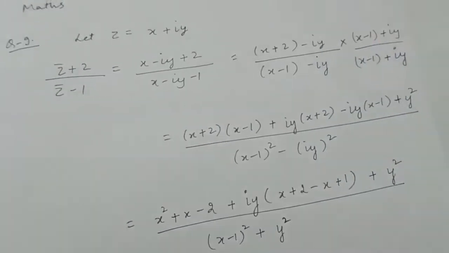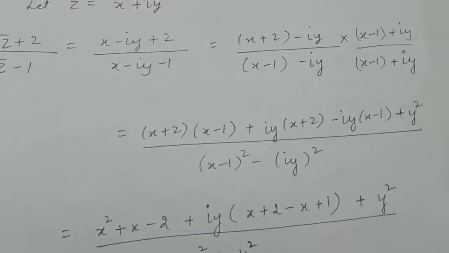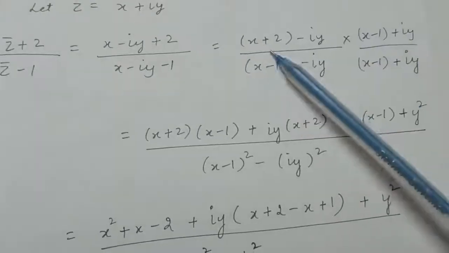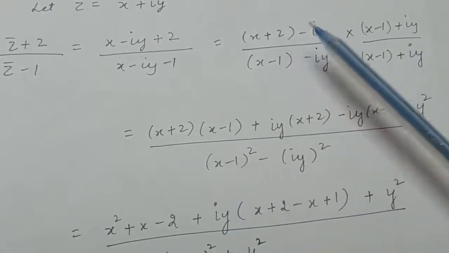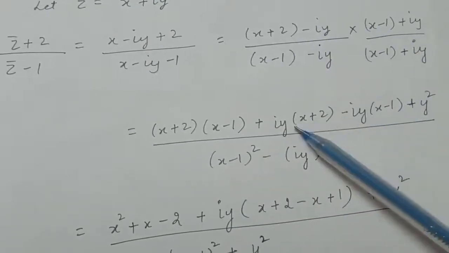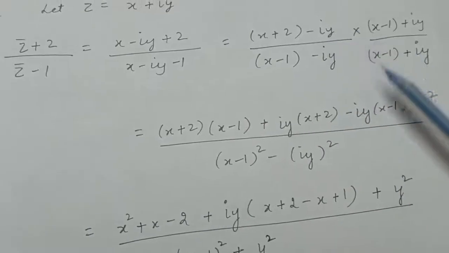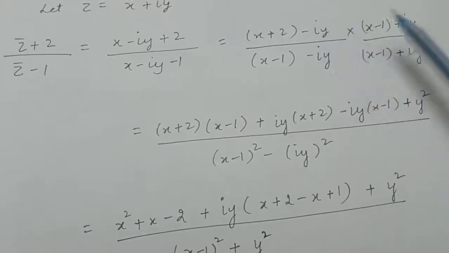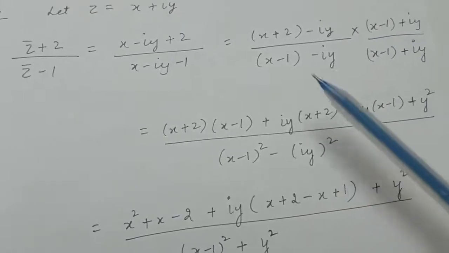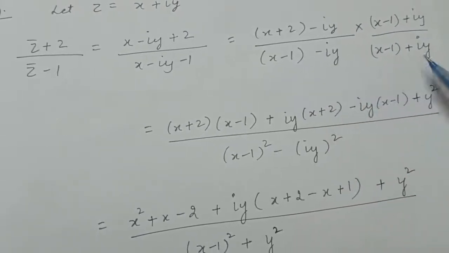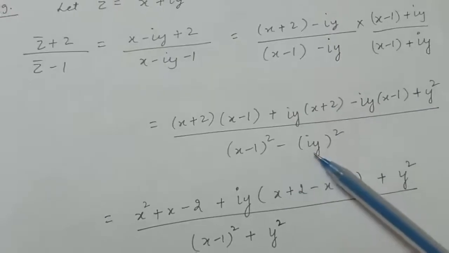Now multiply this. You will get x plus 2 into x minus 1, plus x plus 2 into iota y, then minus iota y into x minus 1, and this will be plus y square, divided by, this is a minus b into a plus b, which is a square minus b square.